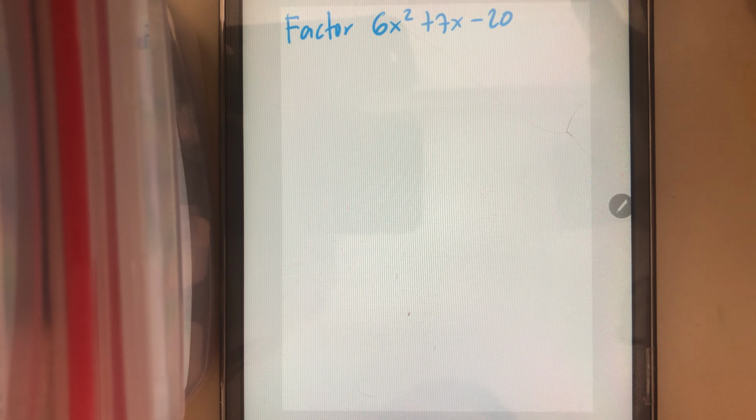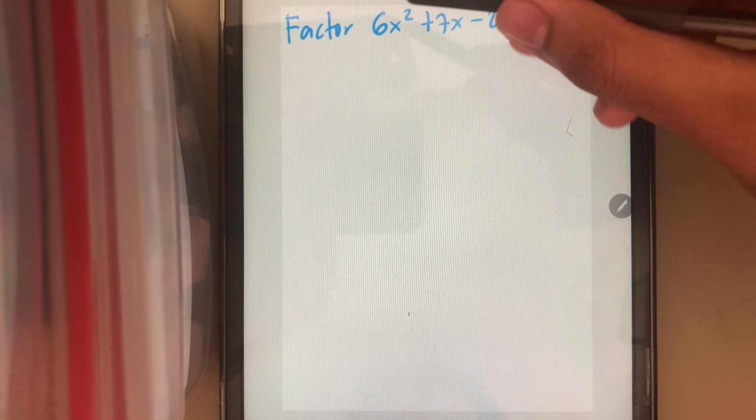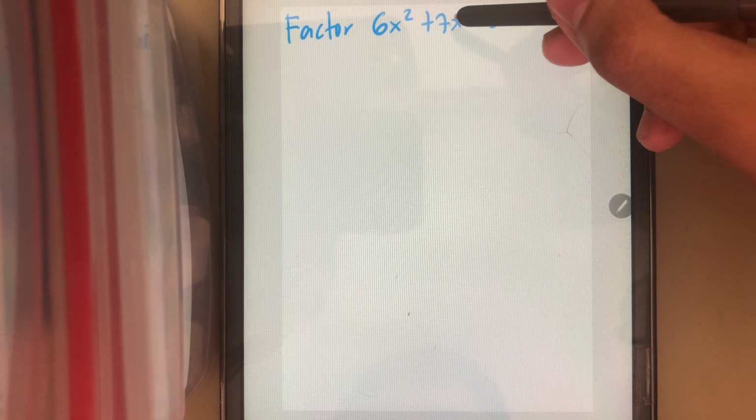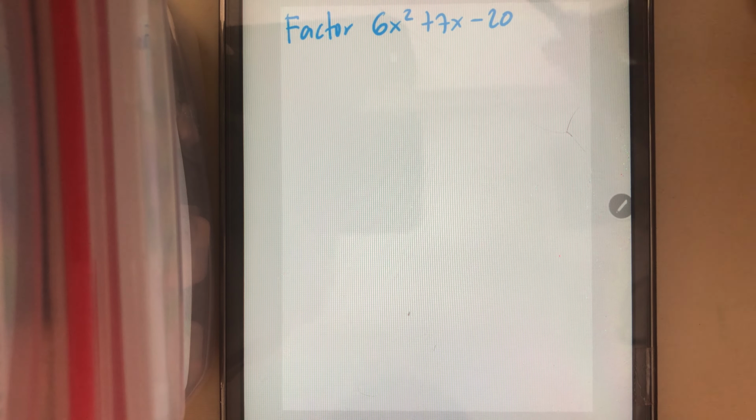In this video, we have to factor 6x squared plus 7x minus 20.